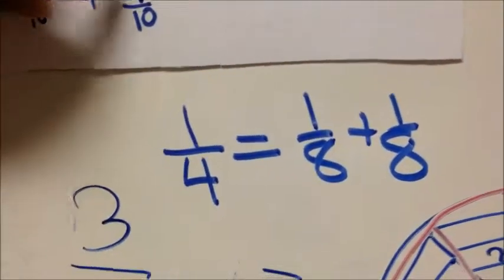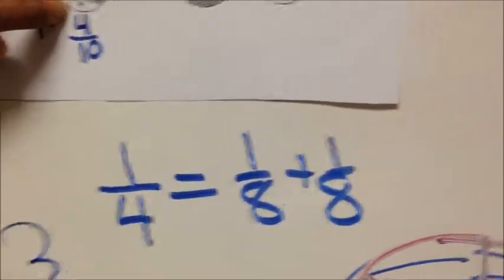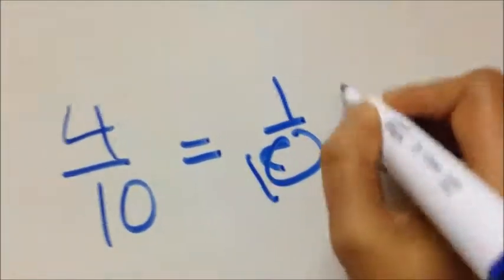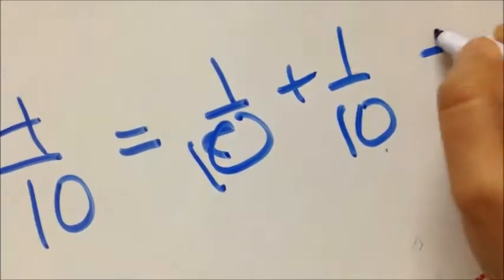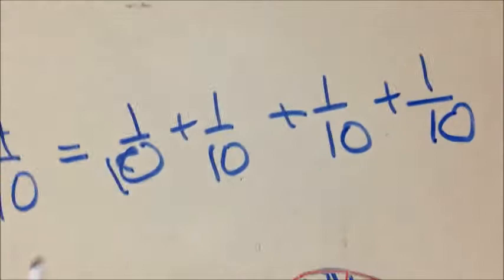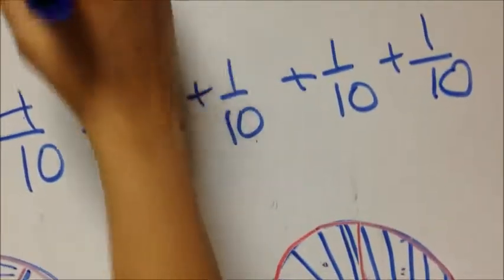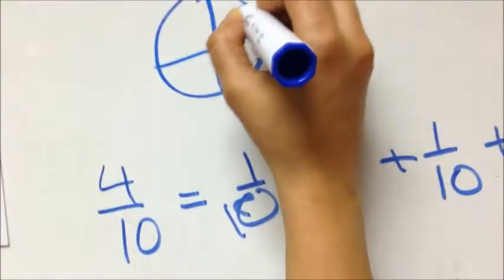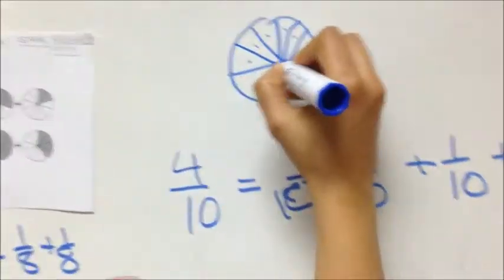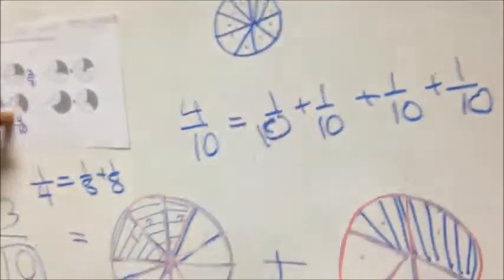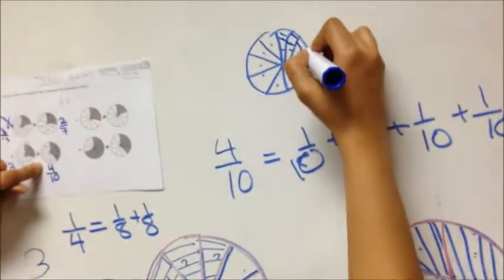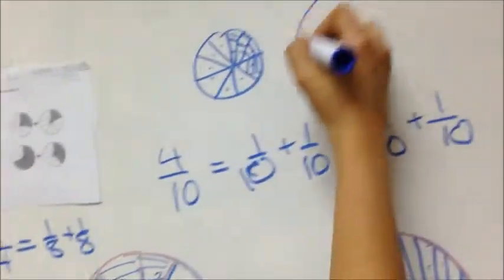So if you want to break this fraction down, 4/10 is equal to 1/10 plus 1/10 plus 1/10 plus 1/10. Assume these are equivalent parts. 4 parts are shaded, 2, 3, and 4 parts.